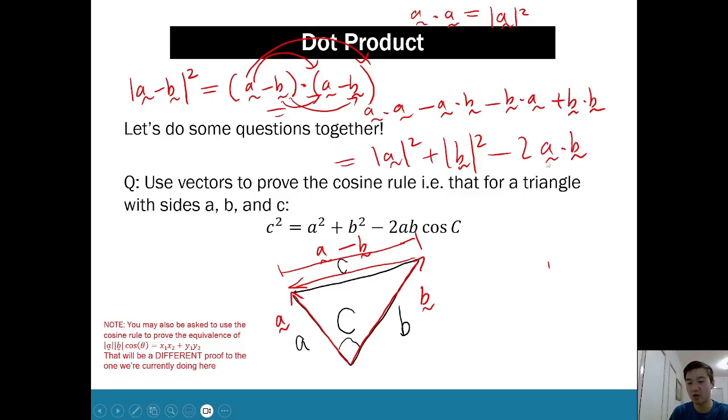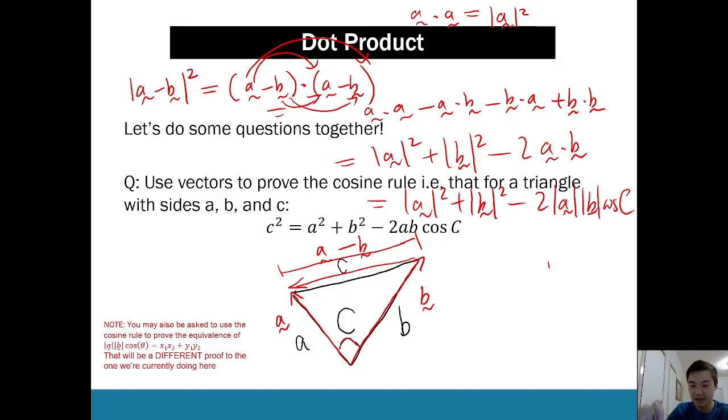Now we also know the geometric definition of the dot product: the dot product of a with b is the magnitude of a times the magnitude of b, times cos of the angle between them. In this case, the angle between vectors a and b is capital C. So remember, the magnitude of a minus b squared is equal to c squared.